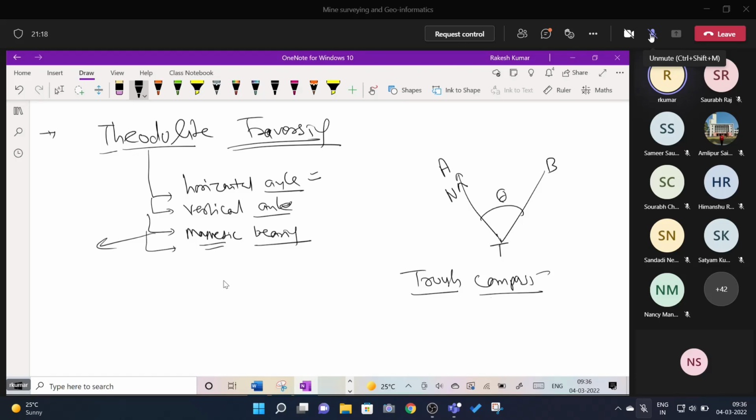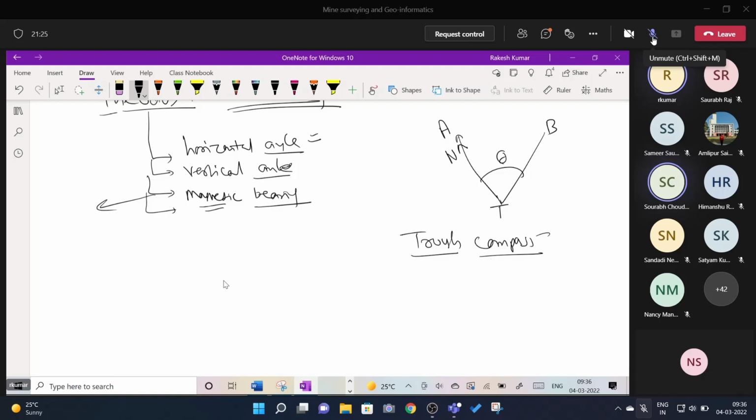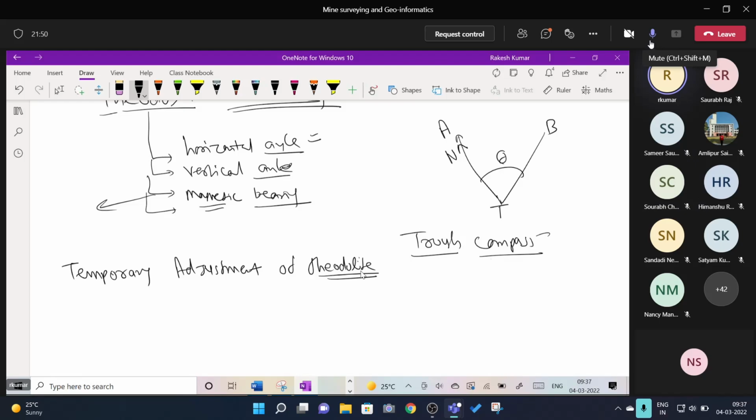Okay, and after that what do we do? Sir, focusing. Focus on that ranging rod. How to make it? Through the crosshair.